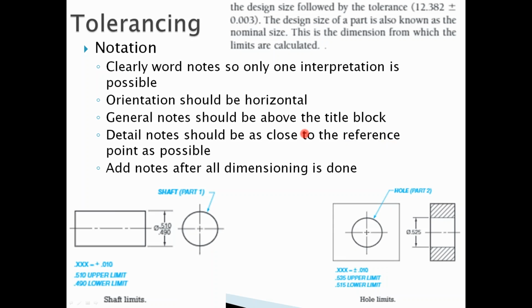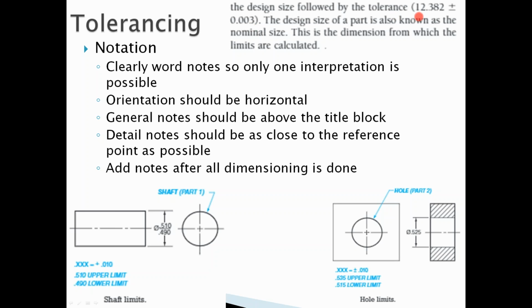For example, given this value here, 12.382, that means the acceptable tolerance is plus or minus 0.003.